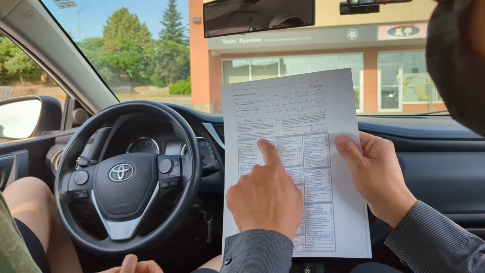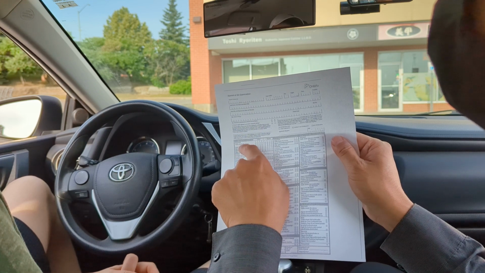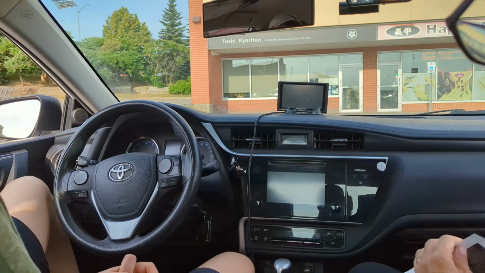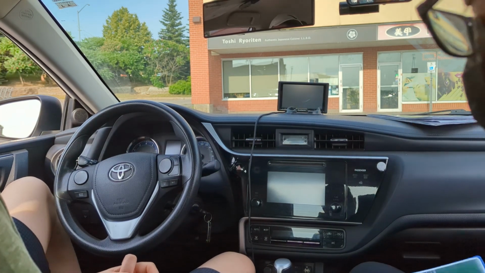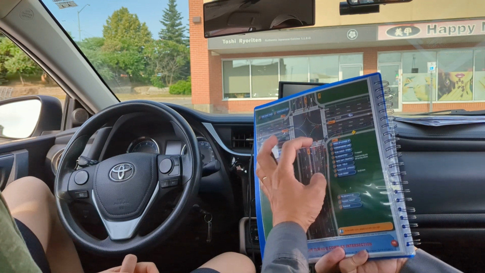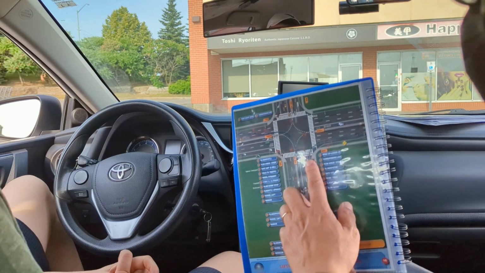So you see this here? There's left and right hand turns, and there's the approach. And on the approach, the examiner is expecting a mirror check and a blind spot check. Well, this here is basically the approach, as in we get into the lane, we're about to start our turn. That's called the approach. From here, where you enter the lane, to where you stop, that's all part of approach.